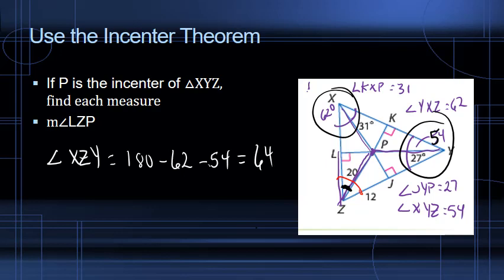And if I take half of 64, the measure of LZP is going to be 64 divided by 2, which is going to equal 32. So the measure of LZP is 32.